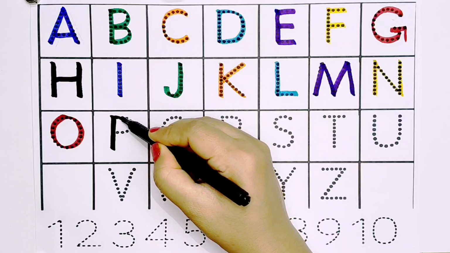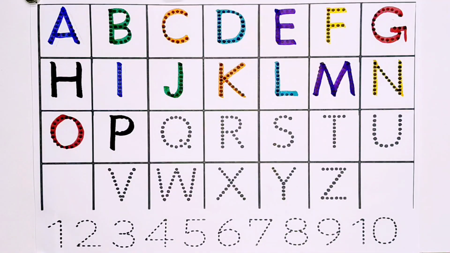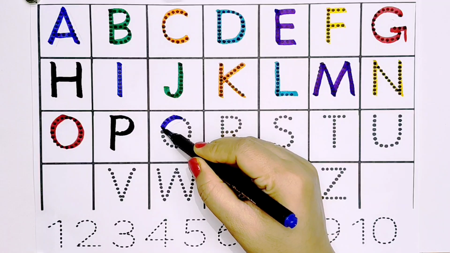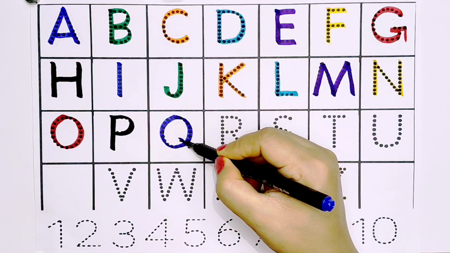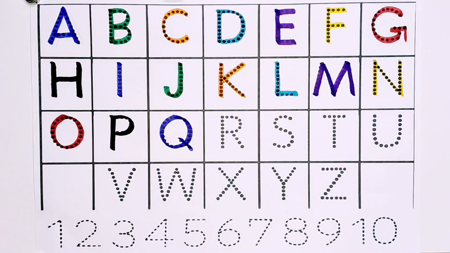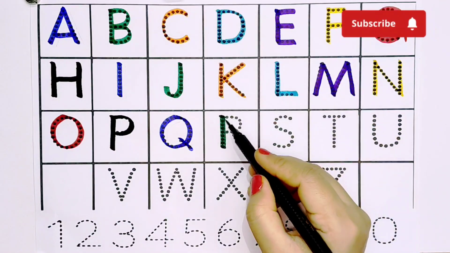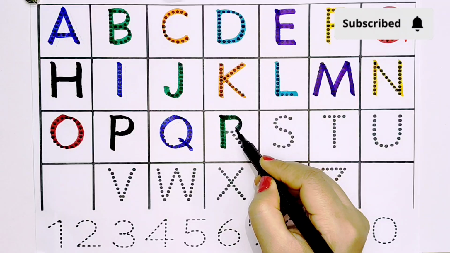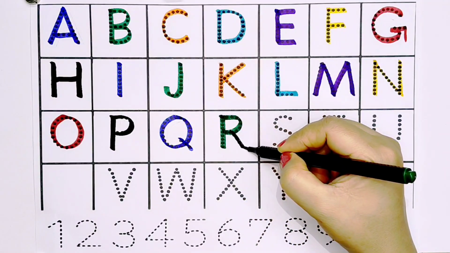P. P for peacock. Q. Q for queen. R. R for rabbit.